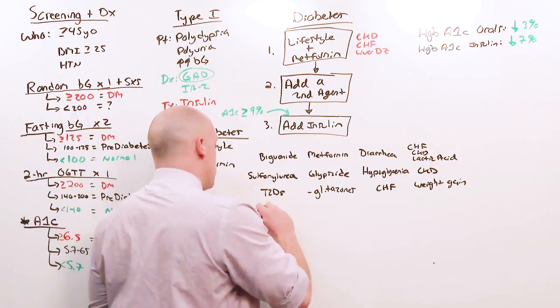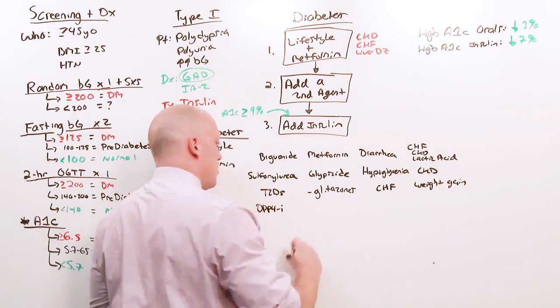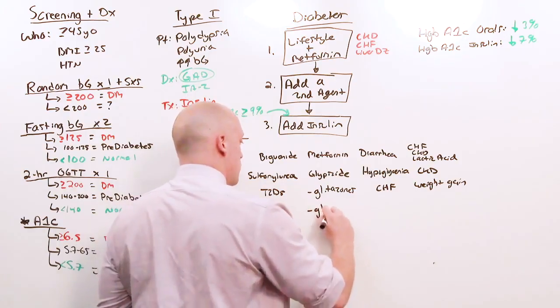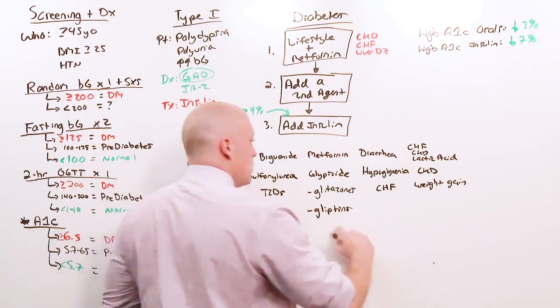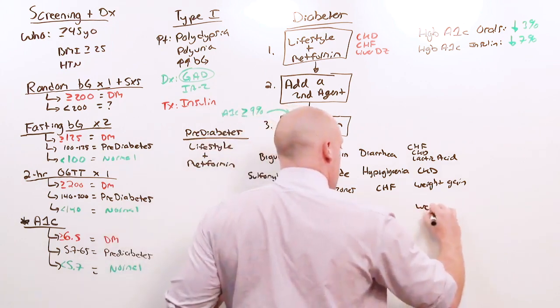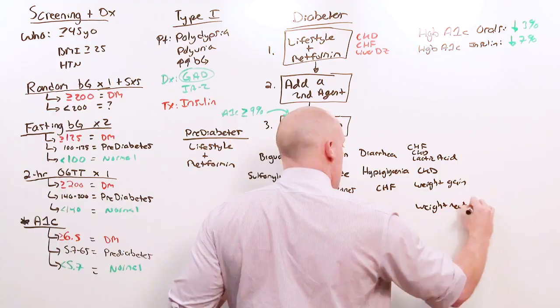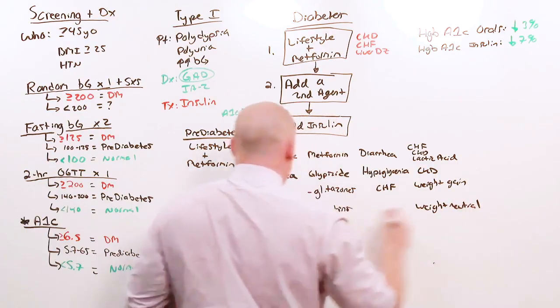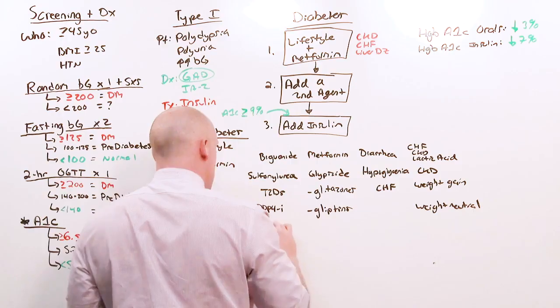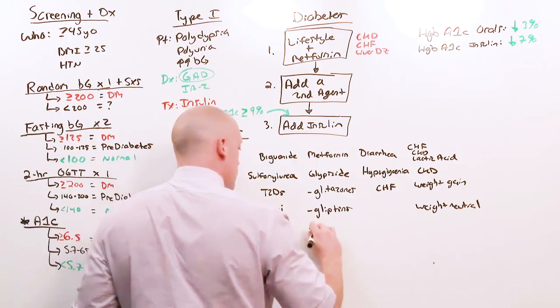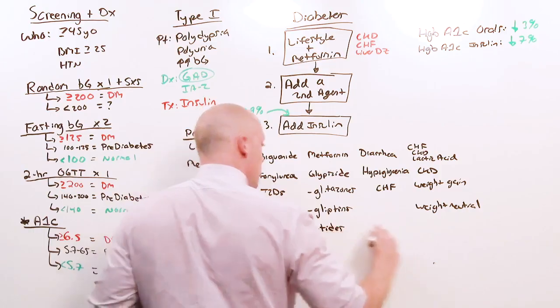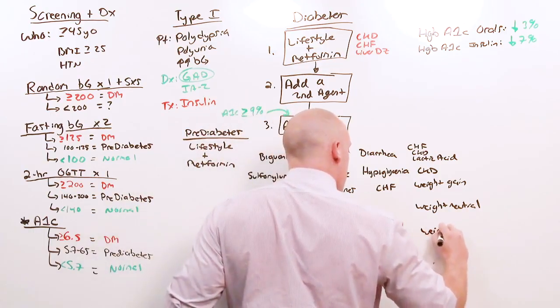The DPP4 inhibitors, the gliptins, they're useful because they are weight neutral. Whereas the GLP-1s, the utides, cause weight loss.